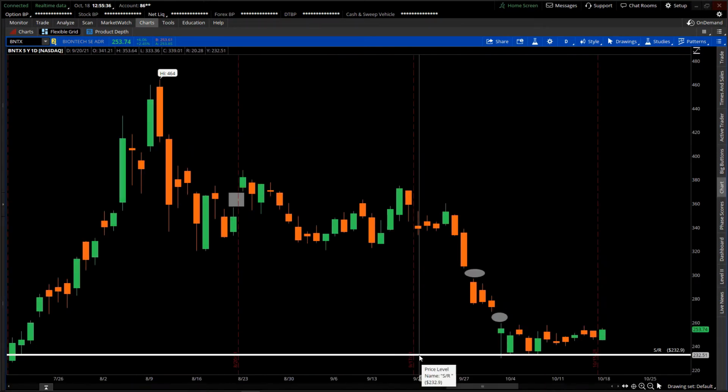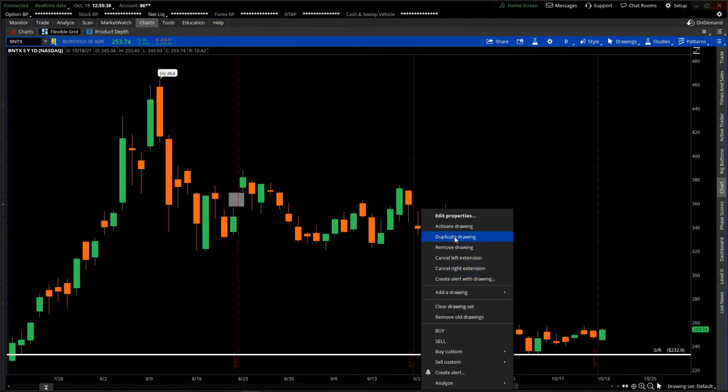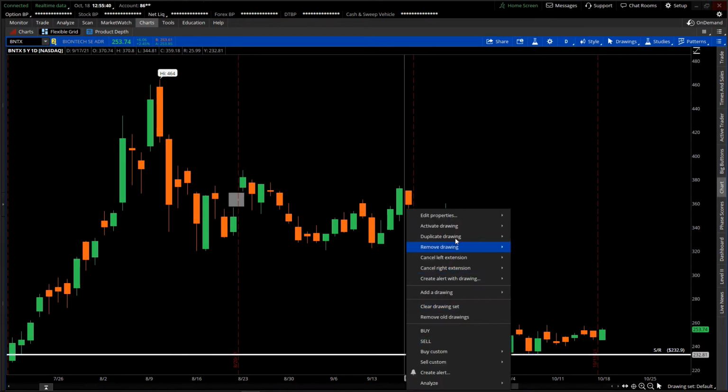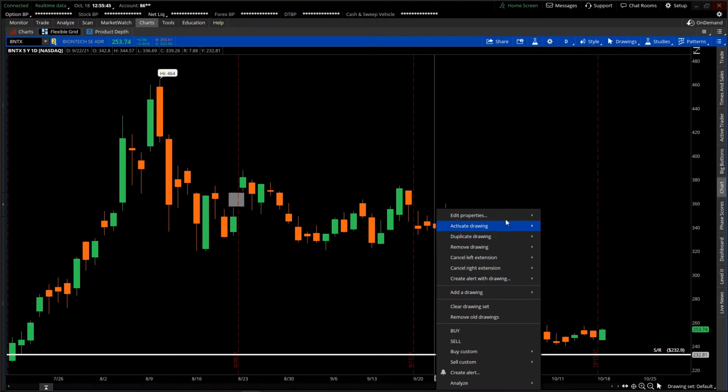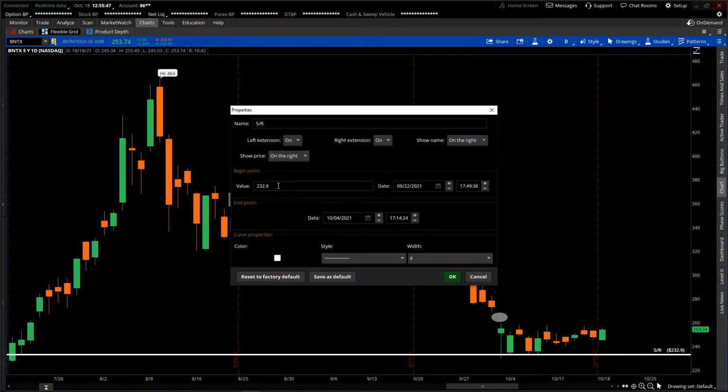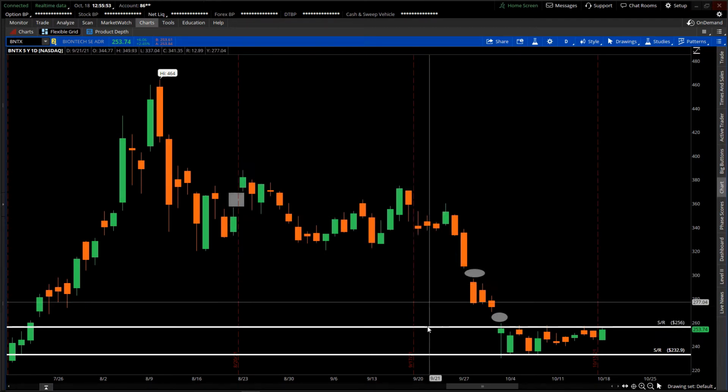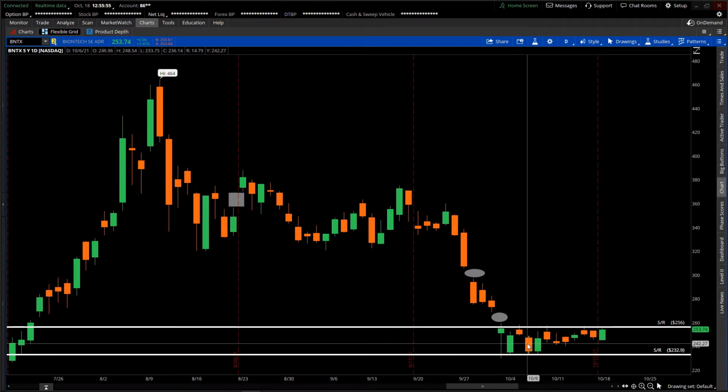Now, the second level I identified is 256 even. So right now price is slightly below it.